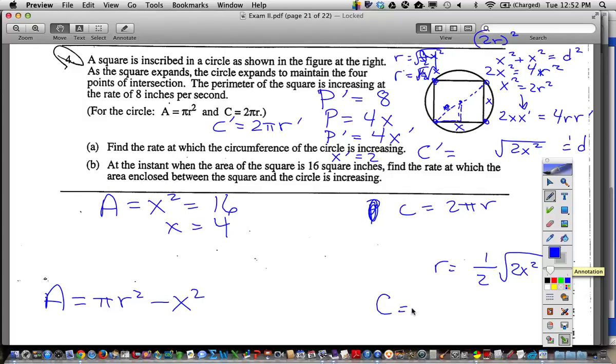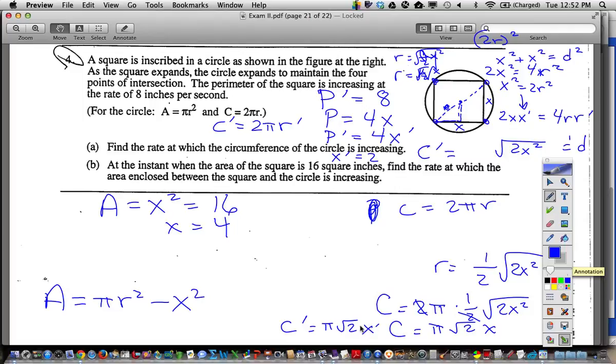Okay, I'm with you. And then you take the derivative of that. And then the x is your, cancel away, and then let me do a little simplifying on this. So I got pi. This would be the same as square root of 2 and then times x. So now C prime would equal pi square root of 2 times the derivative of x, which is x prime.